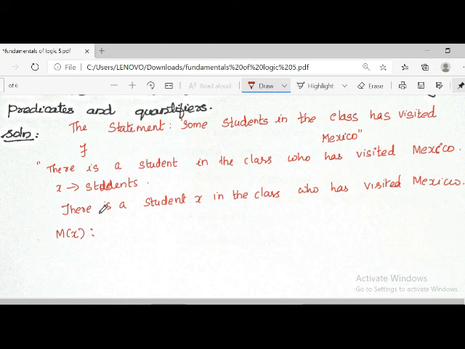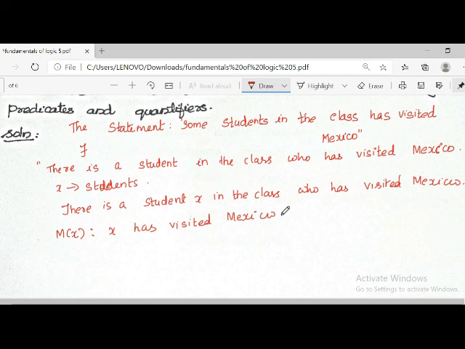Therefore m of x: x has visited Mexico. Now let me take another statement. There is a person x having the properties that x is a student in the class and x has visited Mexico.